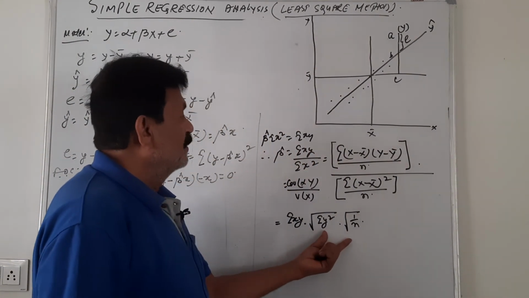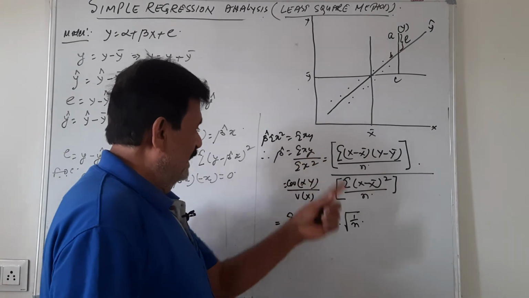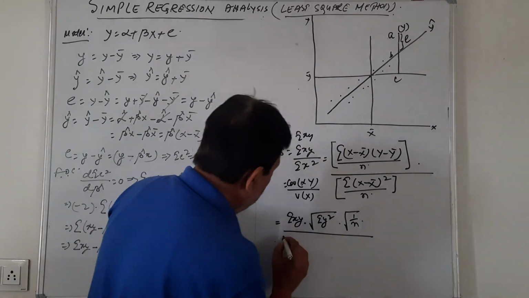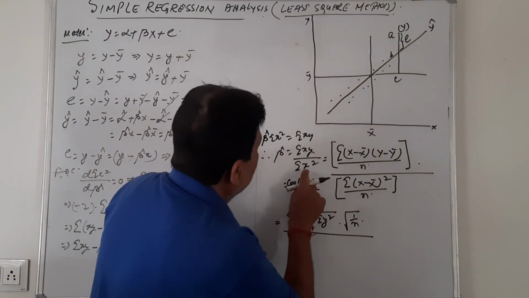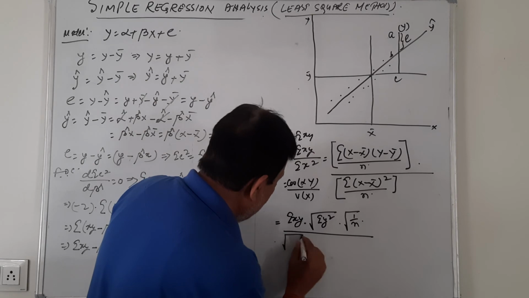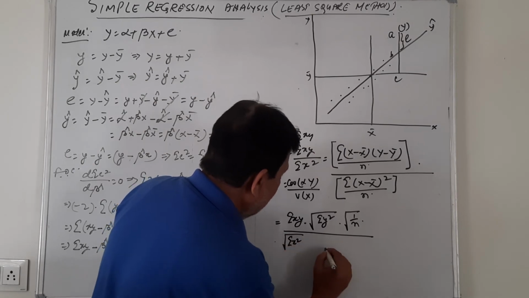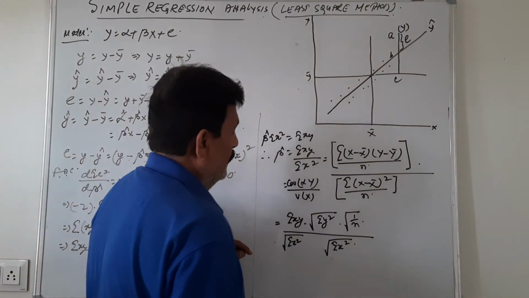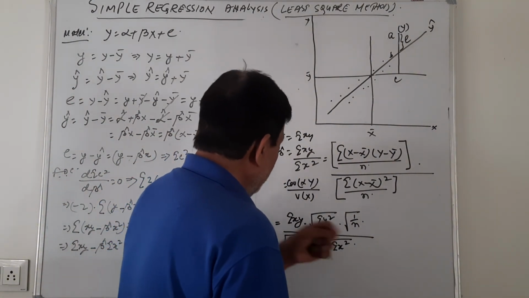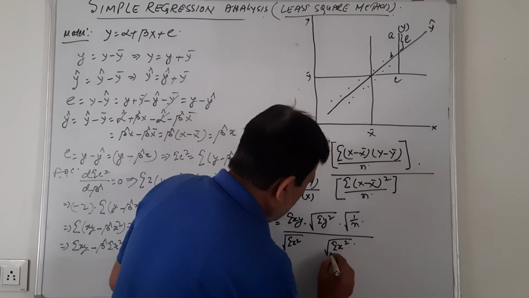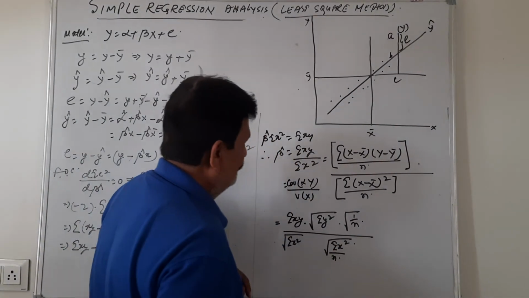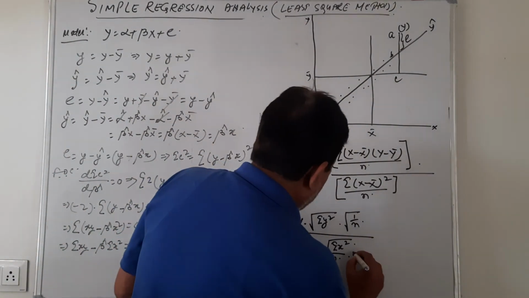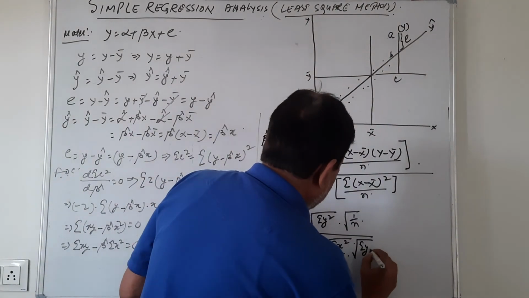These two terms we have taken in the numerator, so in the denominator itself it is divided by under root summation x square, under root summation x square. Now this 1 by n could be written as here n, and under root summation y square.